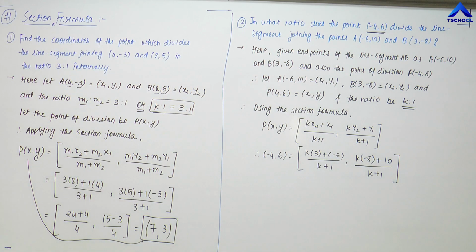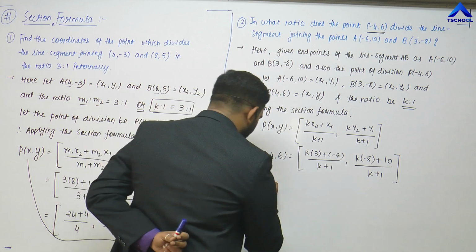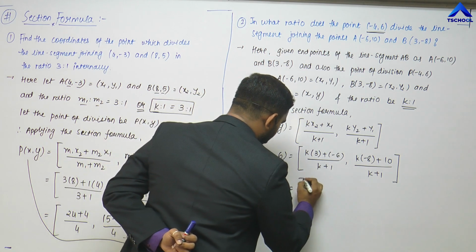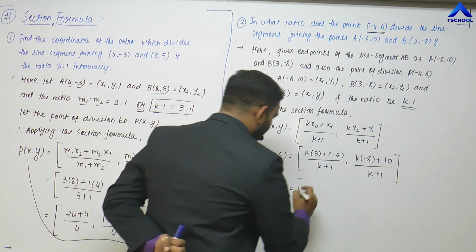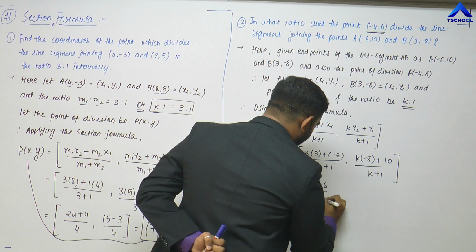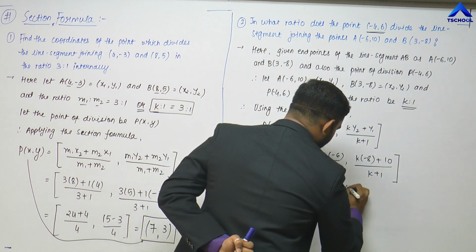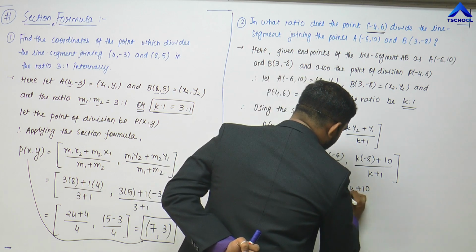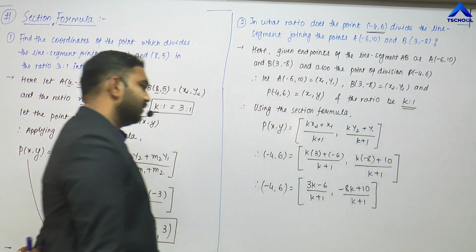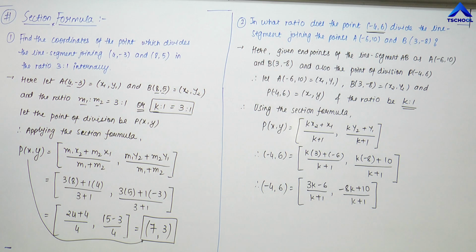Right, we have put all the values over here. Therefore (-4, 6) equals (3k minus 6) upon (k plus 1), comma (-8k plus 10) upon (k plus 1).